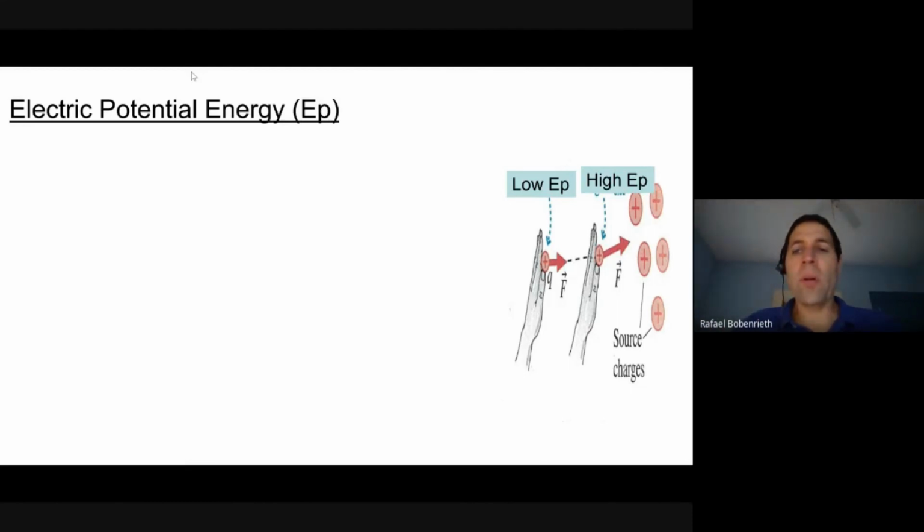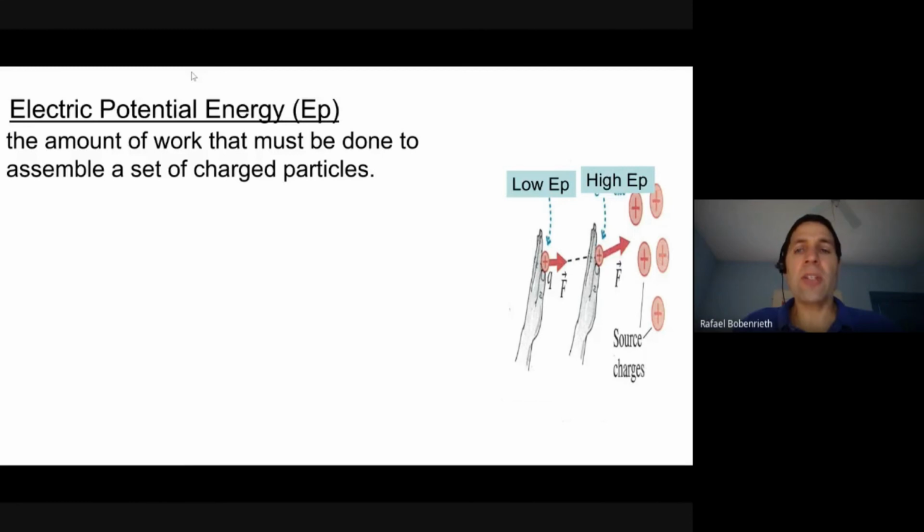So if I were to calculate the electric potential energy of the test charge, or any set of charges, one way of thinking about it is this: the electric potential energy of a set of charges is the amount of work that must be done to assemble a set of charged particles. Think about these charged particles starting infinitely far away from each other, and we have to do a certain amount of work to get one positive charge closer to another positive charge. Okay?